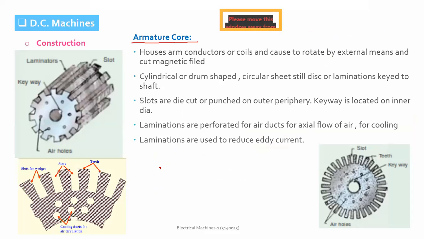So the conductors are placed in the armature core. This is the armature core, which houses the armature conductors. So conductors are placed over here in the slots on the outer periphery. Okay, coils you can see here like this. Here we will place the armature conductors in the slots. Okay, like this.